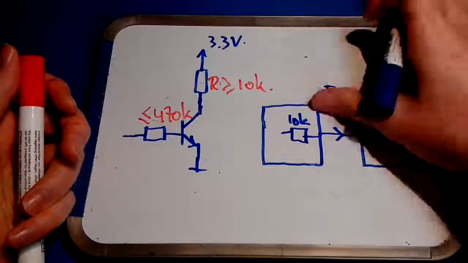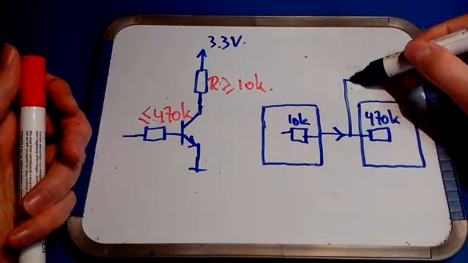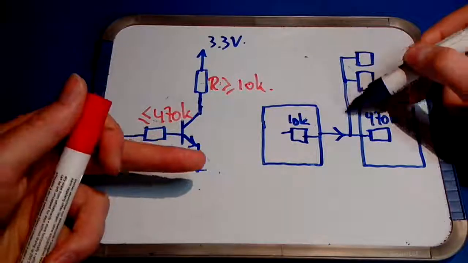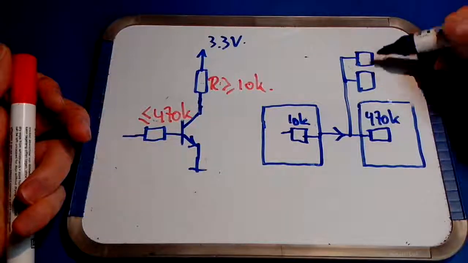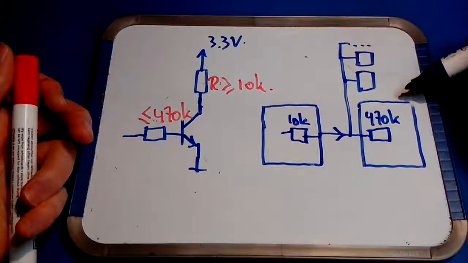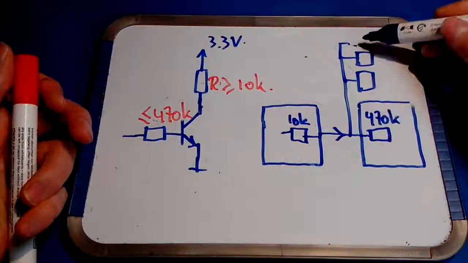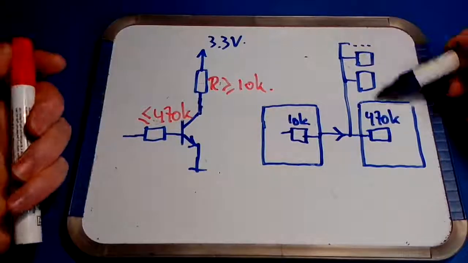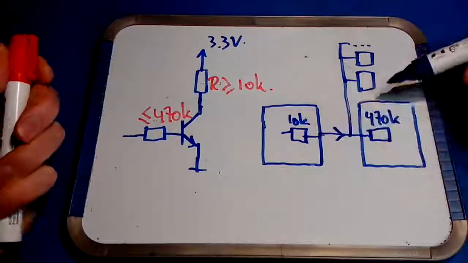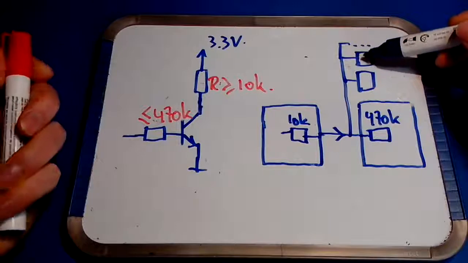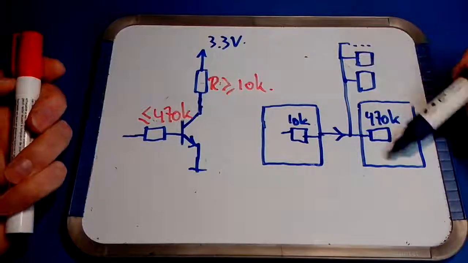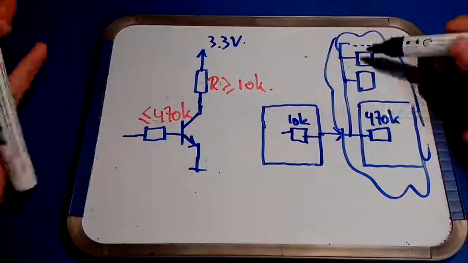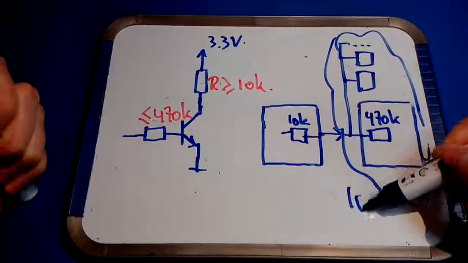Except, what would happen if we connect multiple logic gates to one output, so multiple inputs to one output, and even more? Now, if you connect five logic gates in parallel to one single output, you can say that the input impedance of that combined cloud of logic is approximately 100K.